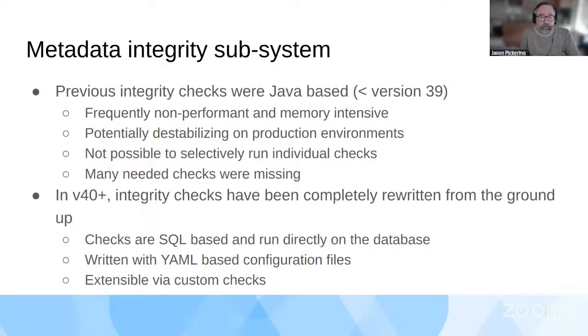So some of them we have left the way they were implemented before, but the vast majority we have replaced with pure SQL-based checks that generally run much quicker on real production databases. We've also added many checks that we felt were missing.